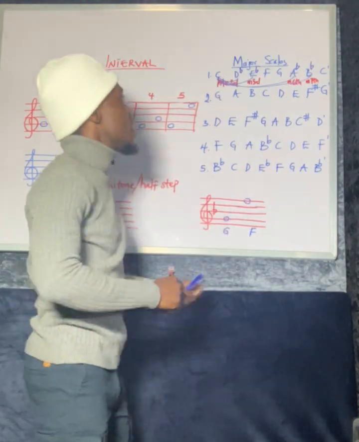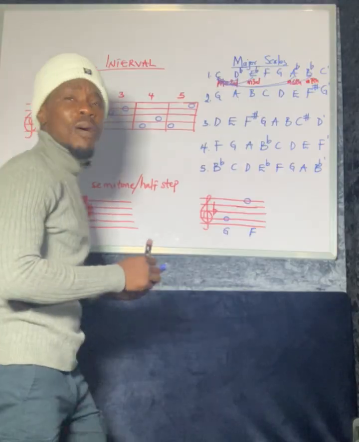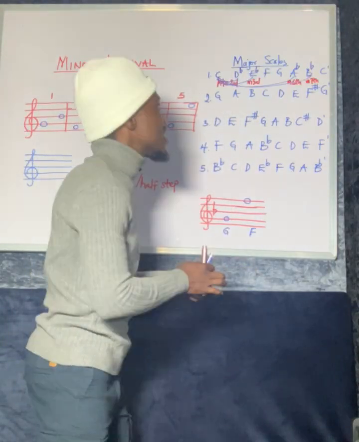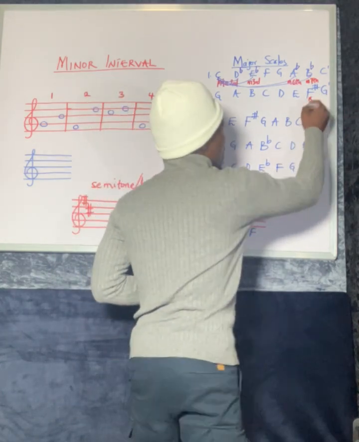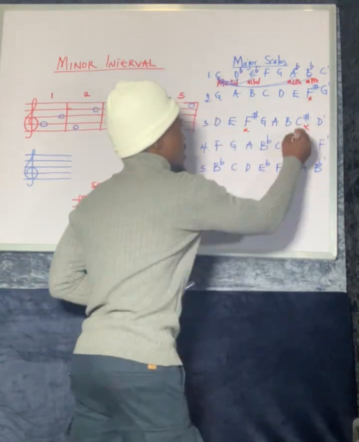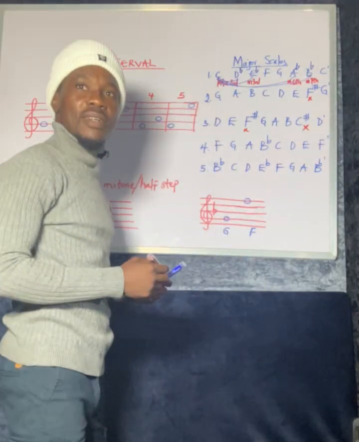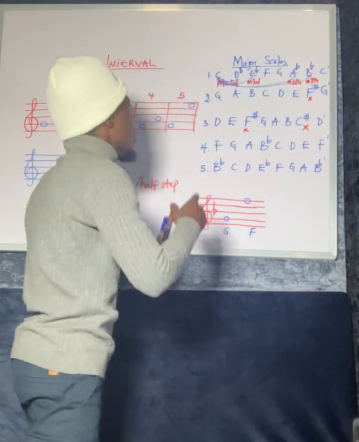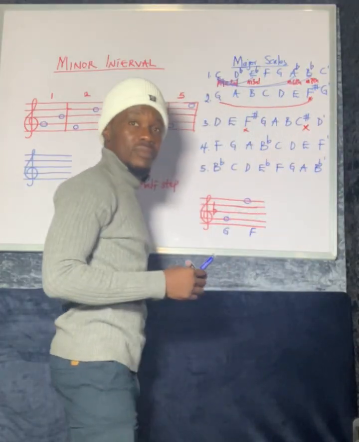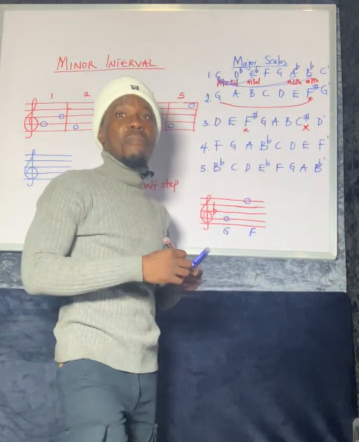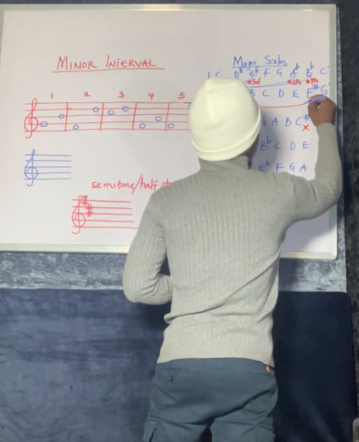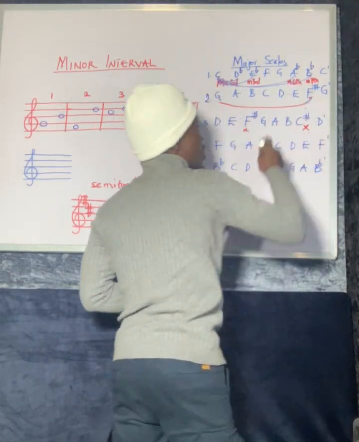All right. Now, what happens to the notes that are already raised? Like in the case of F sharp and C sharp, they are raised. Now, in this case, G to F sharp is a what? A major seventh. G to F sharp is a major seventh. All right.